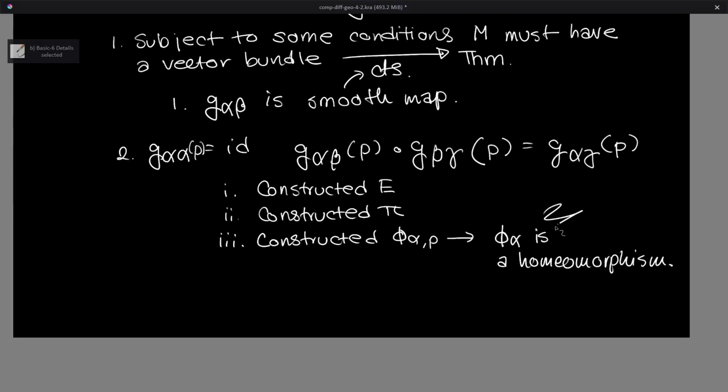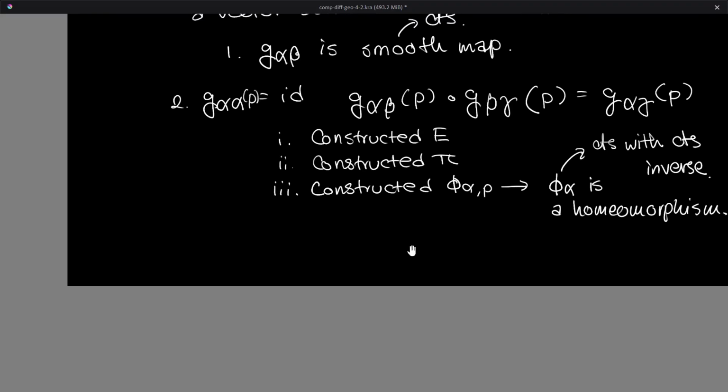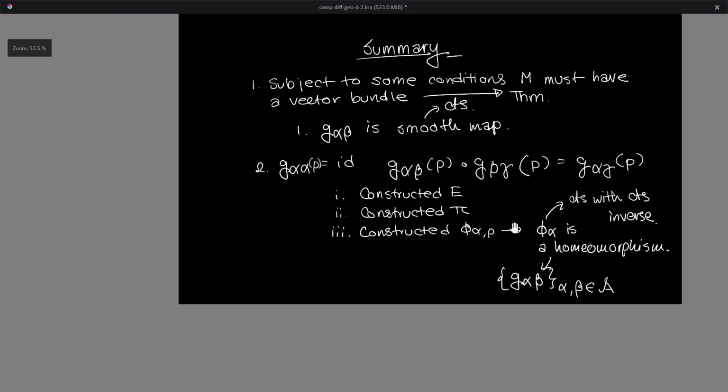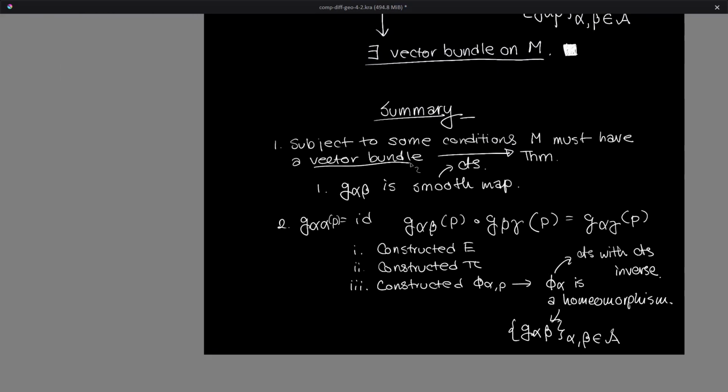And so then we used that to define these transition maps G alpha beta. And so we concluded that there always exists a vector bundle.